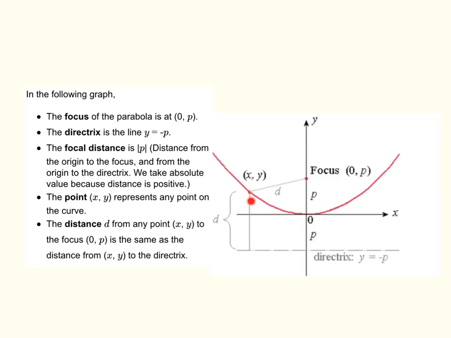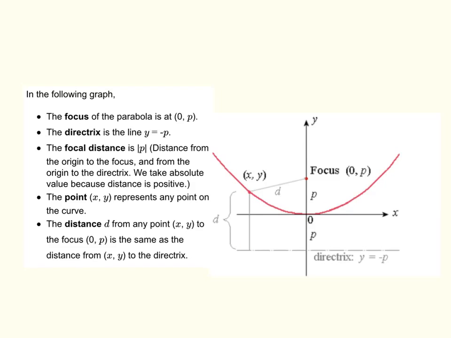Any point on this parabola is equidistant from the focus and from the directrix. The distance from the point x, y to the focus is the same as the distance from x, y to the directrix, and of course that would be a perpendicular. You drop a perpendicular from that point.